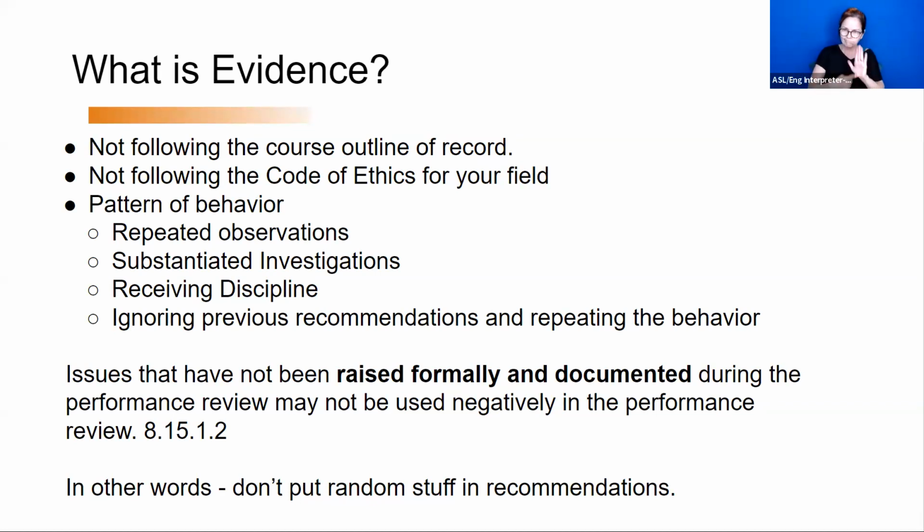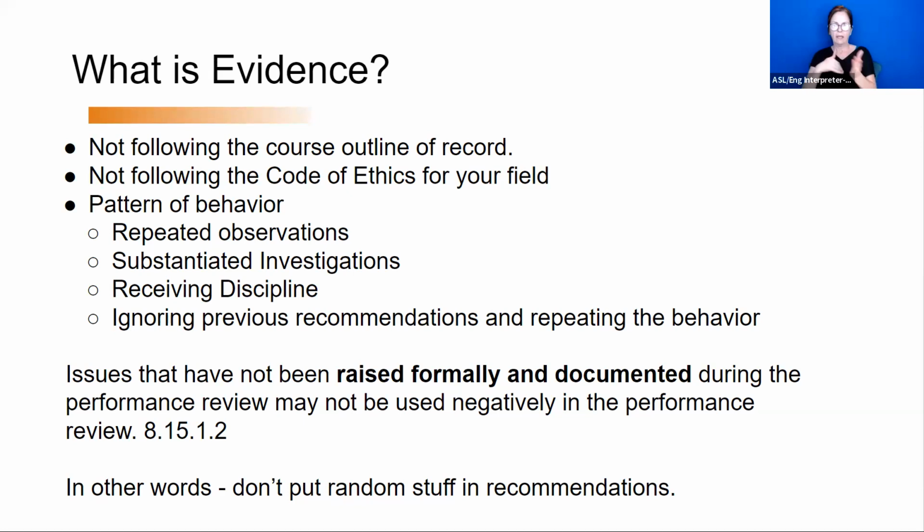Not something in progress, it needs to be an official investigation. Receiving discipline. So if something's happened and discipline has been meted out by the administration for a particular issue, that can be noted. And ignoring previous recommendations and repeating the behavior, as several of us have mentioned already.